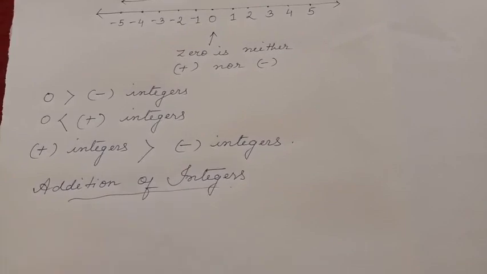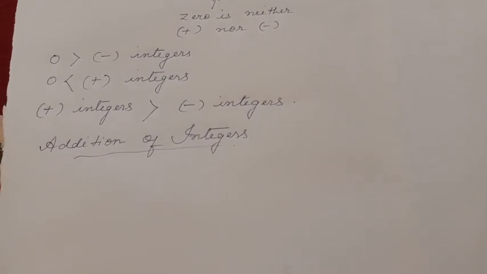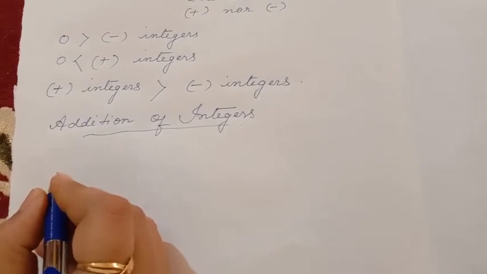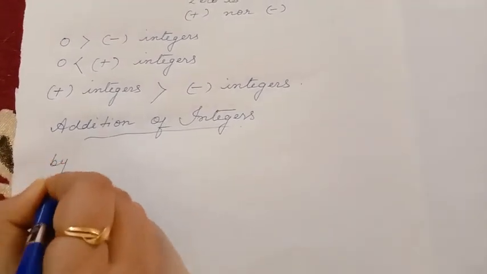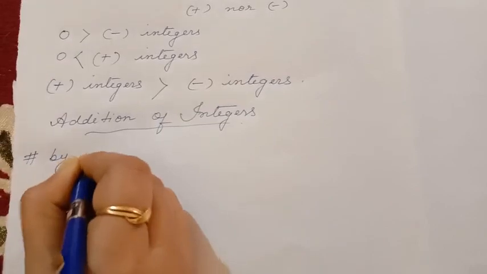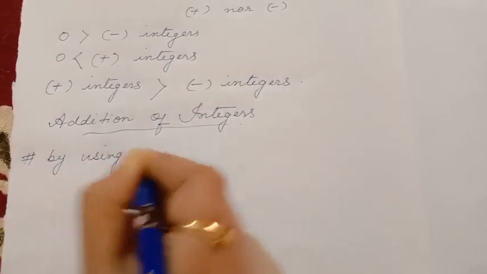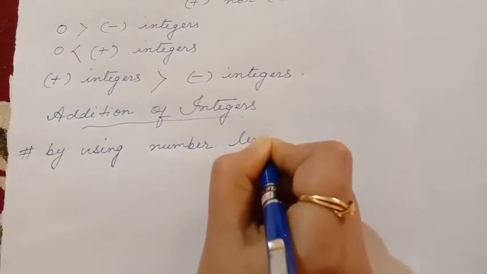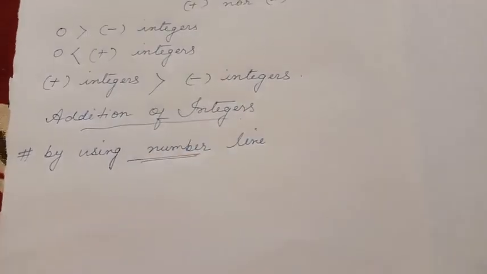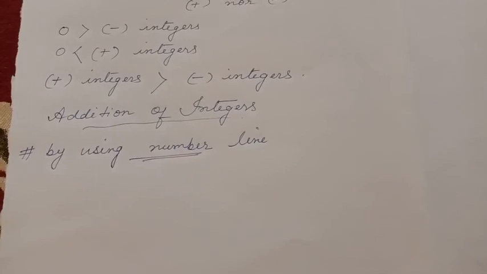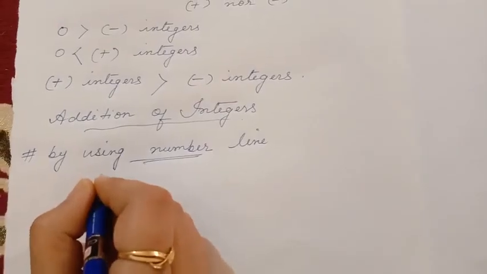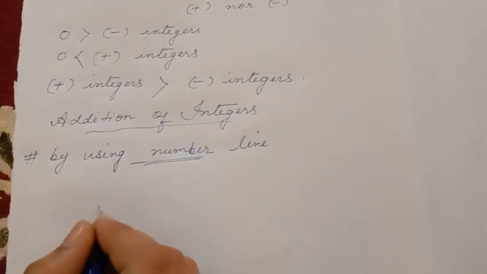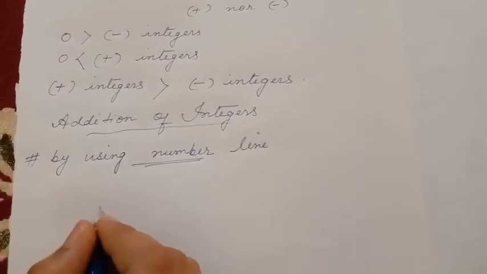In this topic, first we will talk about the addition of integers using a number line. So to add a positive integer, you have to move to the right on the number line.